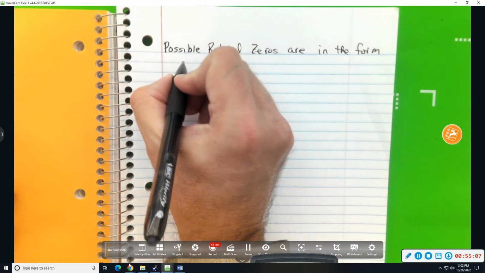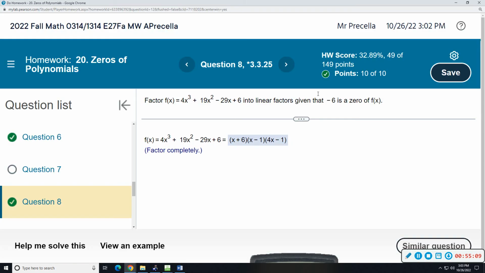If they hadn't told us that negative 6 was a zero, and we just had to start trying, well, just maybe 5 makes it equal 0. Maybe 1, well, in this case we would have been okay, but if you just had to guess and try to find zeros. Suppose you need to factor something, and they didn't give you a 0. Well, what number could be a possible 0? You have to find one.